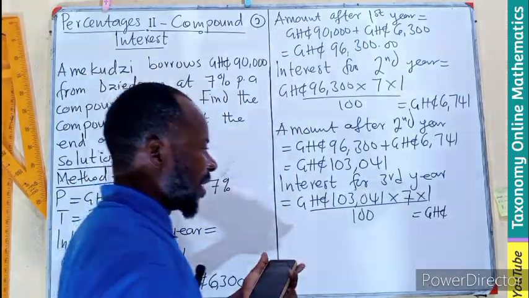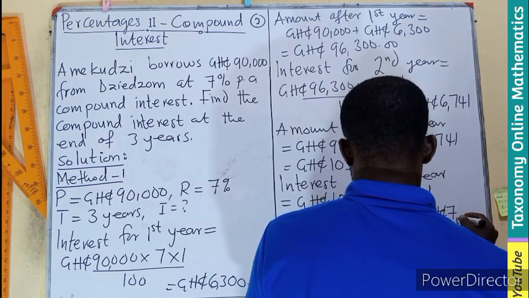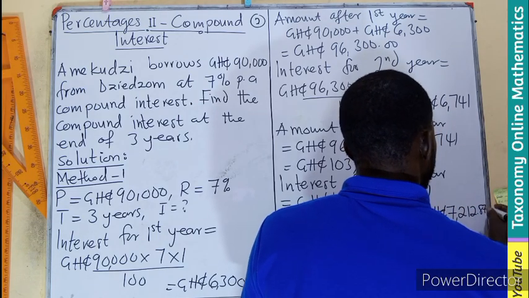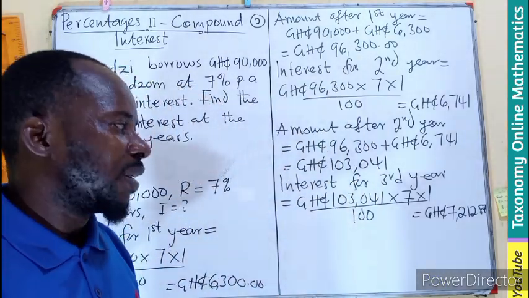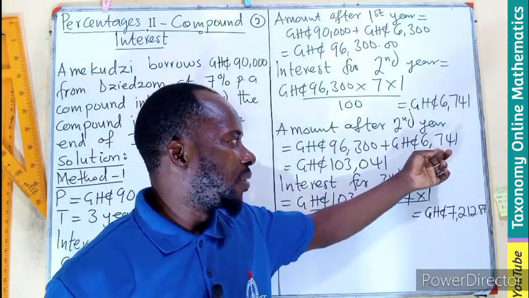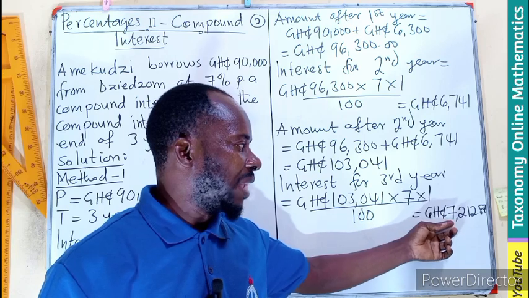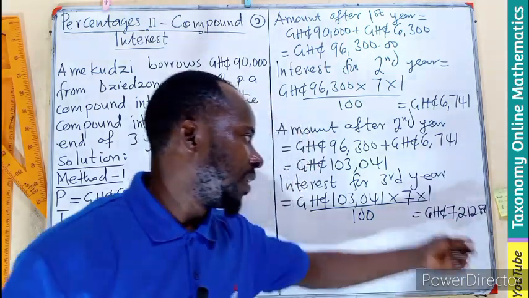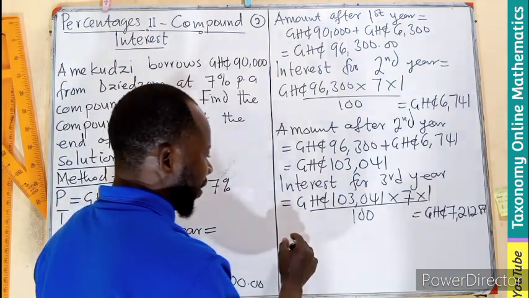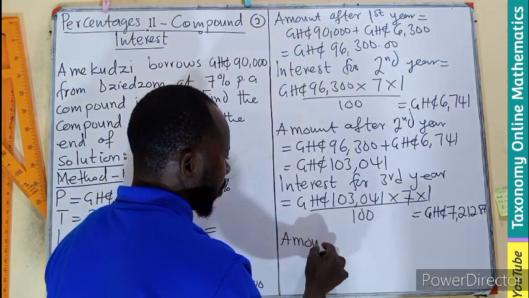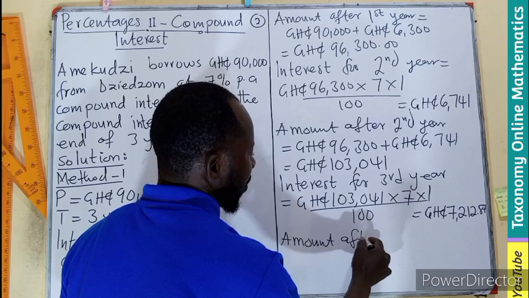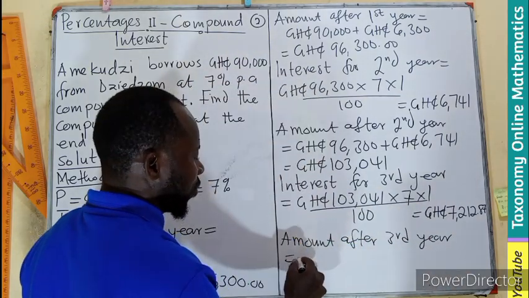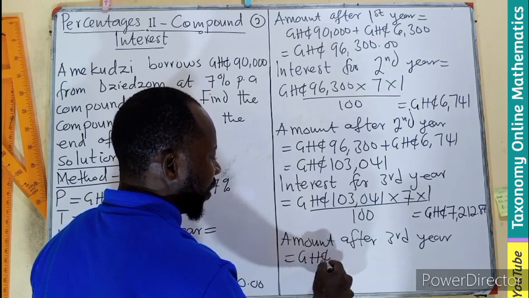So this will be giving us 7,212.87 Ghana cedis. So you can see from 6,741 to 7,212, interest keeps on increasing. So this is just interest for the third year. So let's see the amount after third year. That amount is going to be, how much did I begin with?